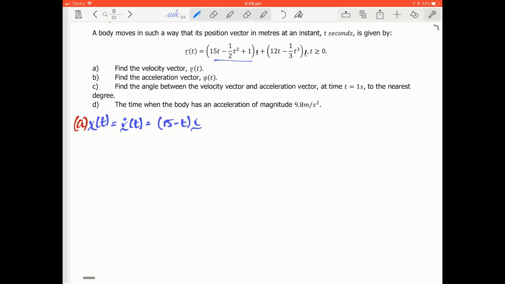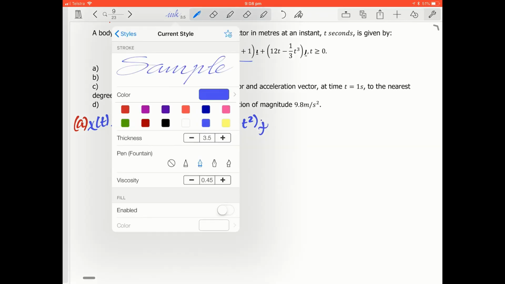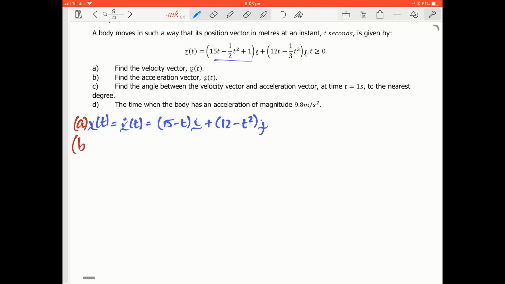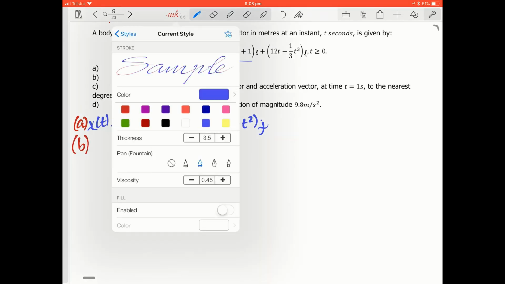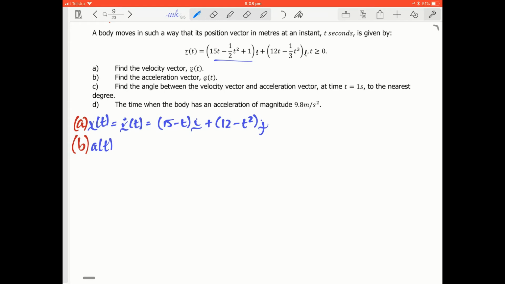We end up with 12 minus t squared j. Our acceleration vector, we know a of t is given by r double dot of t, which is, when we derive that, I get negative i minus 2t j.